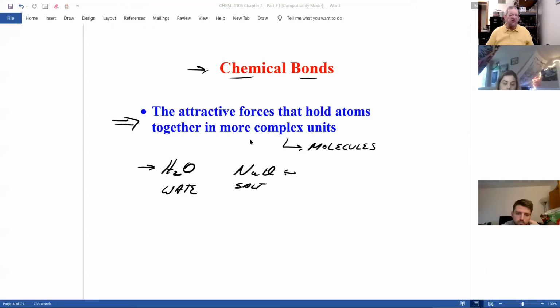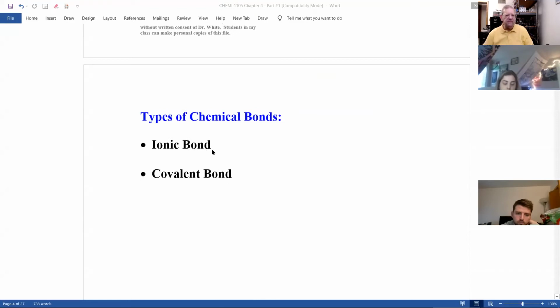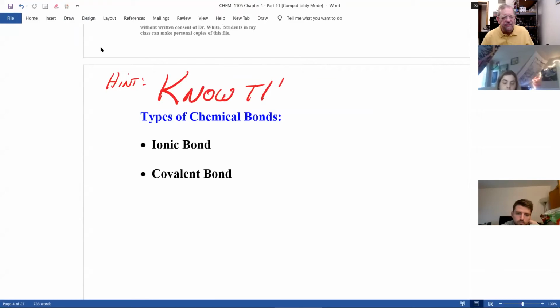So the force that holds atoms together in molecules, chemical bonds. There are two types of chemical bonds.